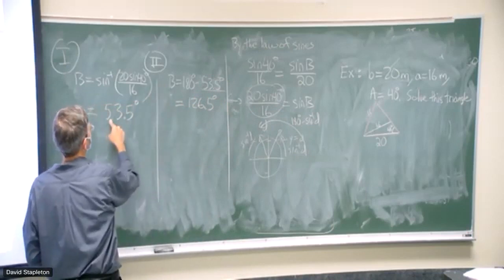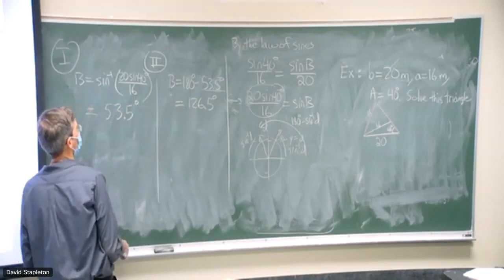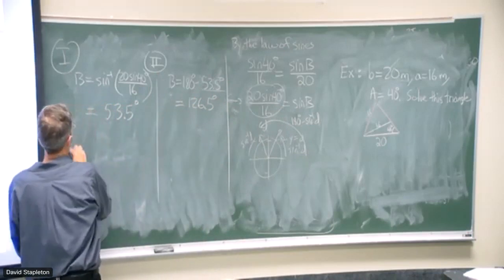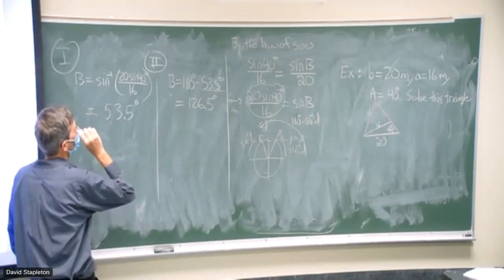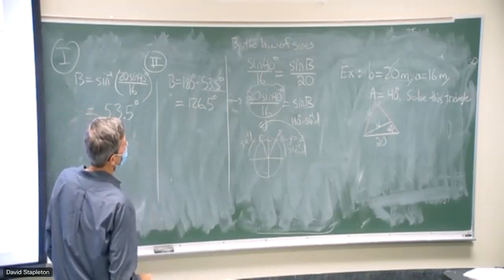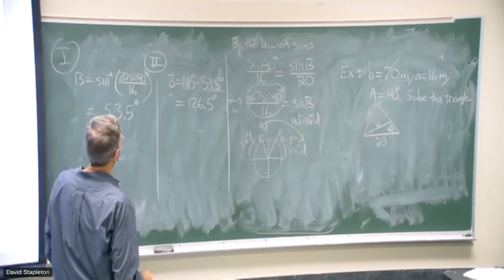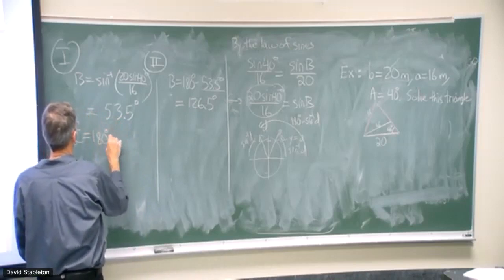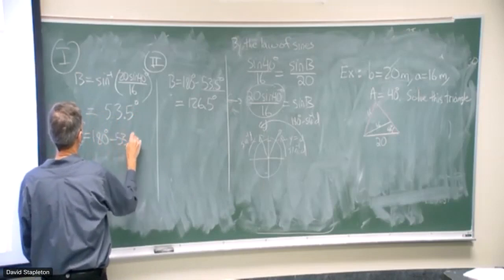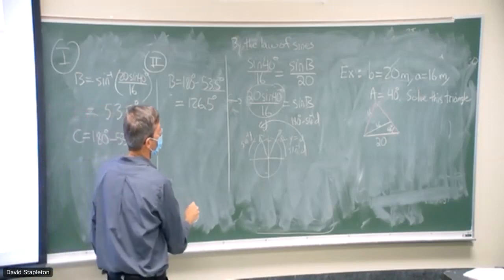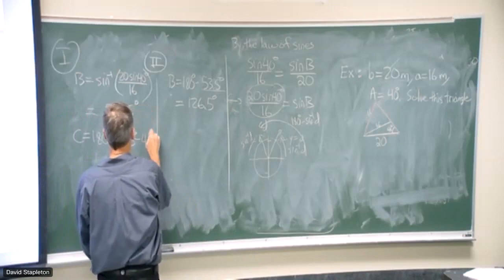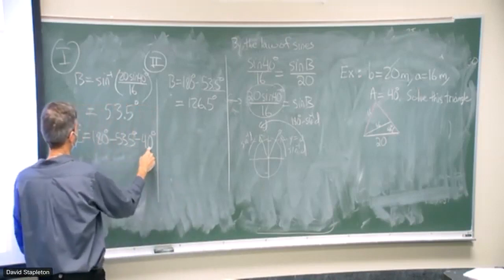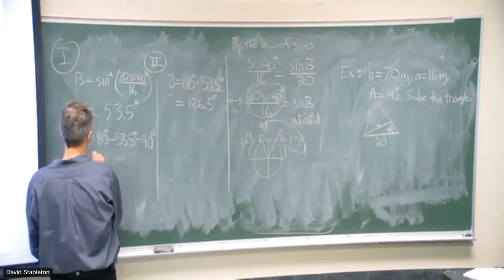This one has angle B equals this. That one has angle B equals 180 minus this number. Once you have that, you can solve the rest of the triangle, because I have A and B, so I can now find angle C as 180 minus these two. 180 minus 53.5 degrees minus 40 degrees is 180 minus 93.5, so this leaves 86.5 degrees.